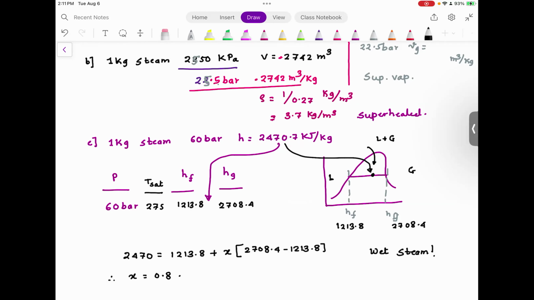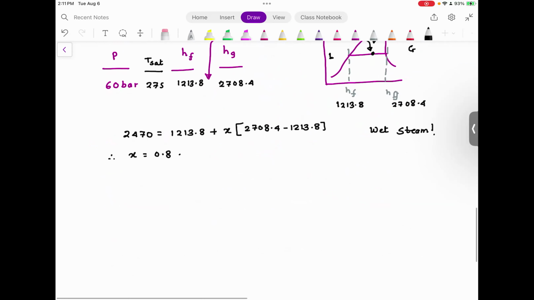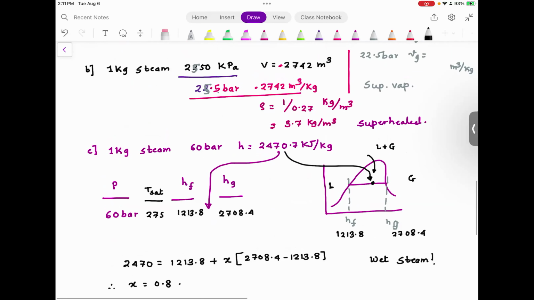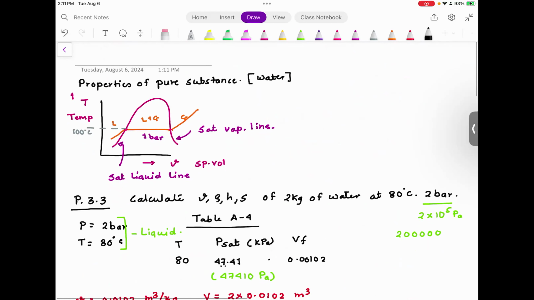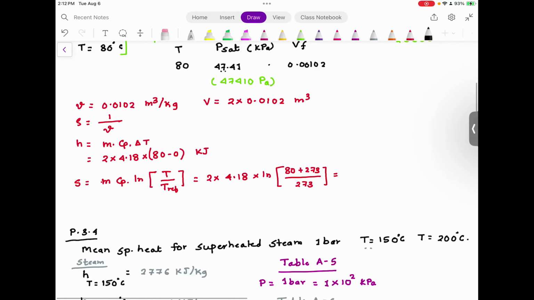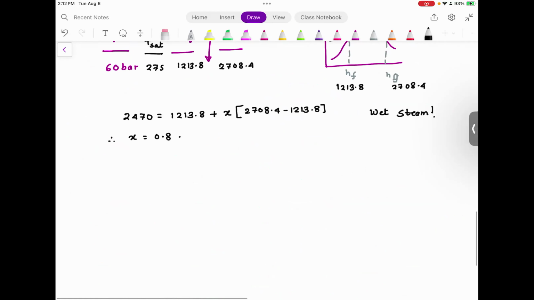Everyone understood this? Okay. Now, next part is I want to work out some problems from chapter 4. These are the problems from chapter 3, and we have to work out the problems from chapter 4. If you remember, chapter 4 is first law applied to closed systems.